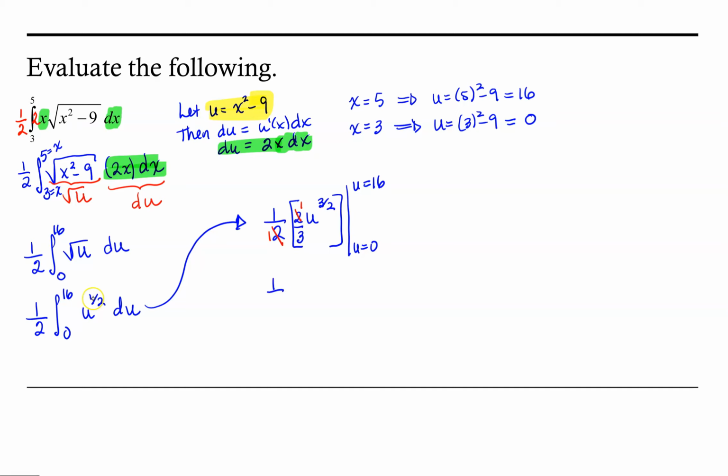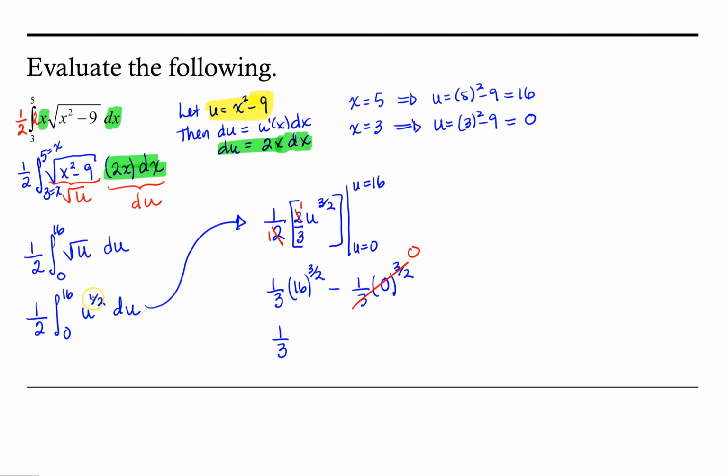So I have 1/3 times 16 to the 3/2 power minus 1/3 times 0 to the 3/2 power. Well, 0 to any power other than 0 is 0, so this is all 0. And let's talk about what 16 to the 3/2 power is.